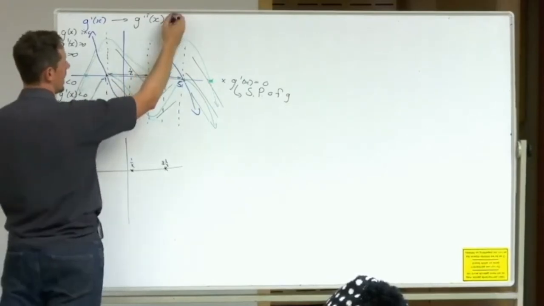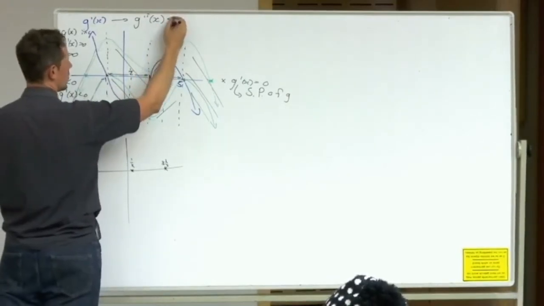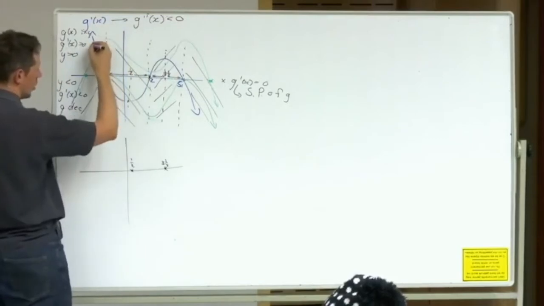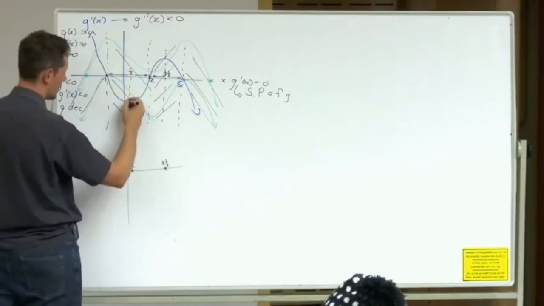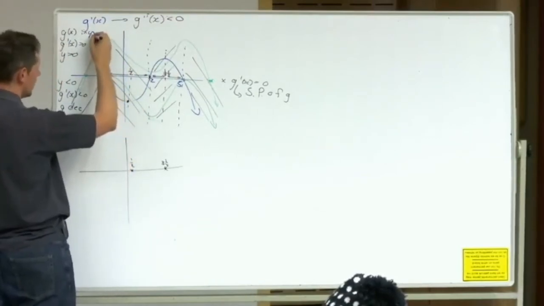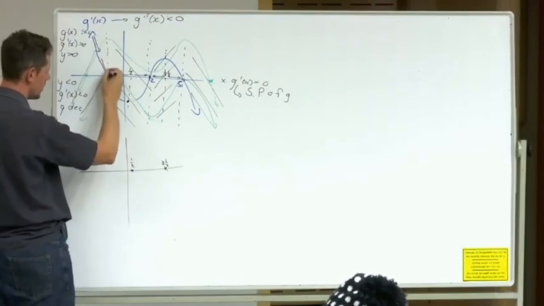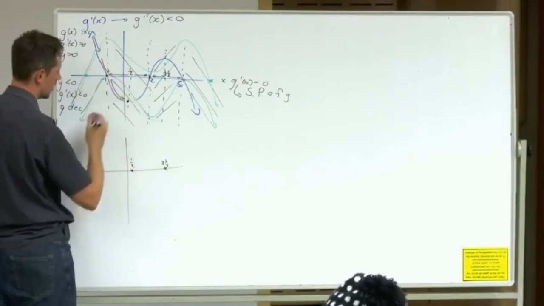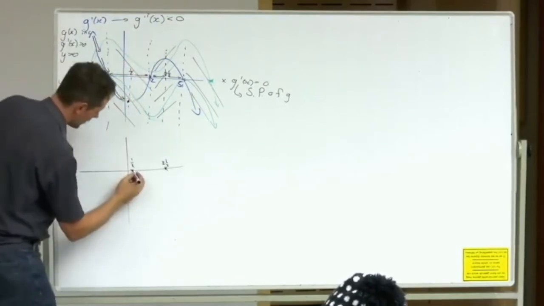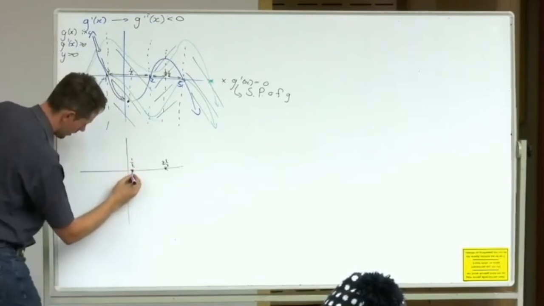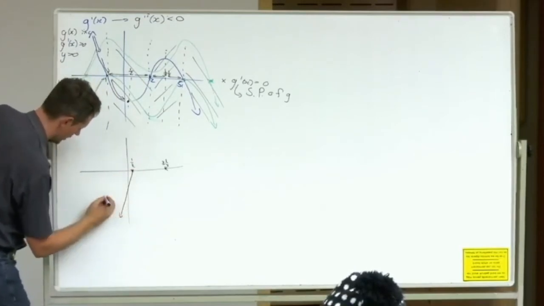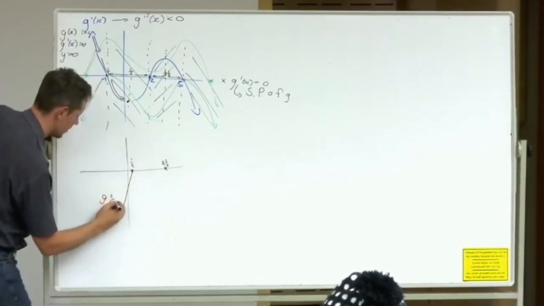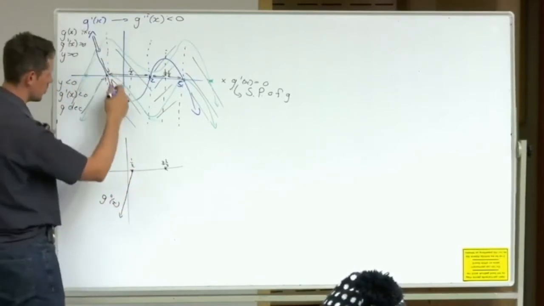So g'' is smaller than 0 all the way up to here. My blue graph is decreasing, so g''(x) is smaller than 0.